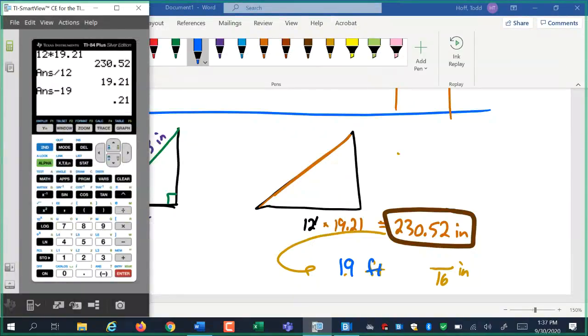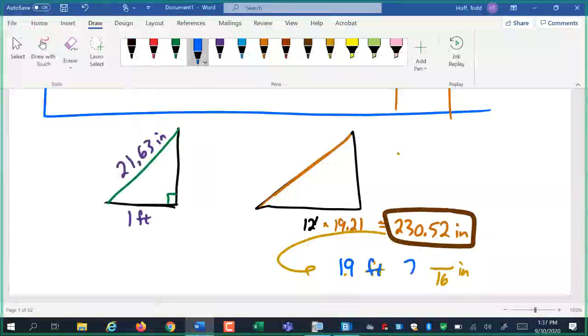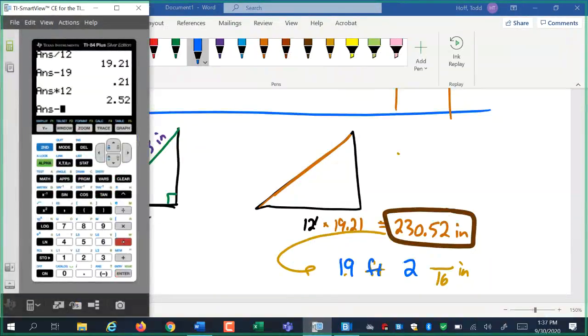I need to take it back to inches, so I'm going to multiply by 12. So I have 2.52 inches. That means I have 2 whole inches. I've written down the inches, so I'm going to subtract off the 2 whole inches. The 0.52 has to be converted to sixteenths.